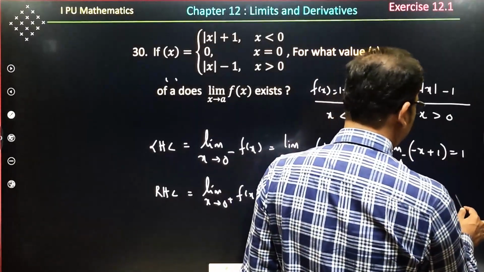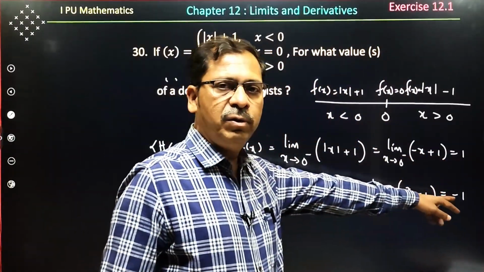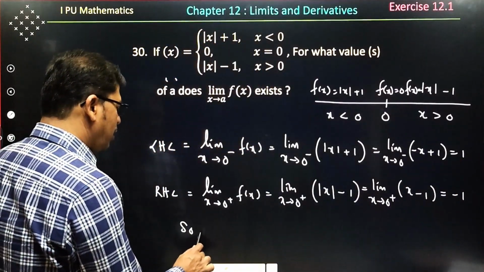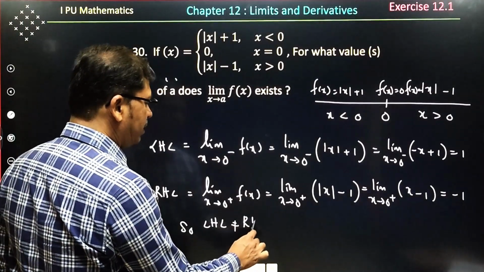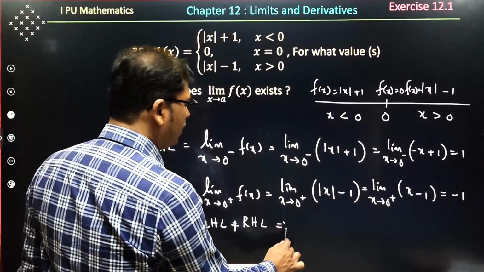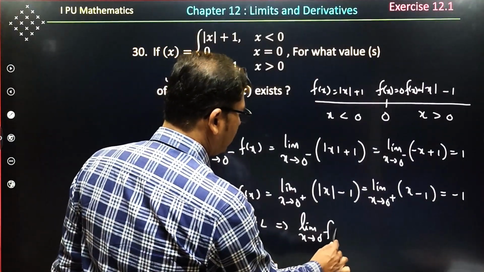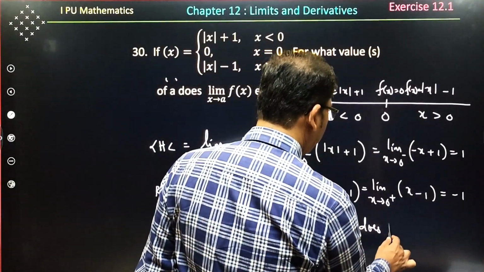So its answer is minus 1. Now observe: the left hand limit value is 1, the right hand limit value is minus 1. So LHL is not equal to RHL. From this we conclude the limit as x tends to 0 of f(x) does not exist.